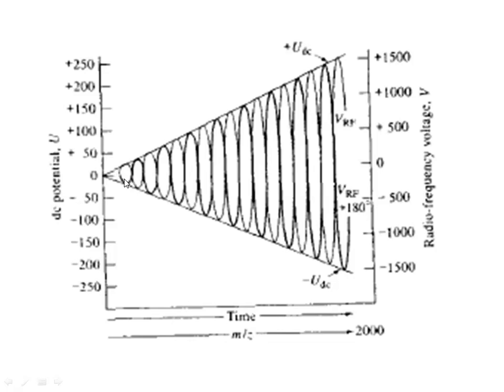At any instance, if one pair has a positive AC potential, the other pair has a negative AC polarity. Finally, this is a positive AC potential and this is a negative AC potential.